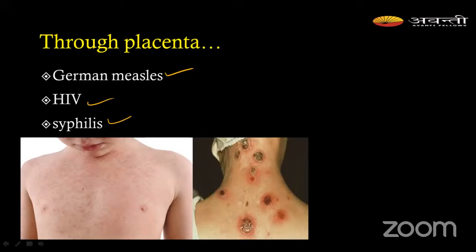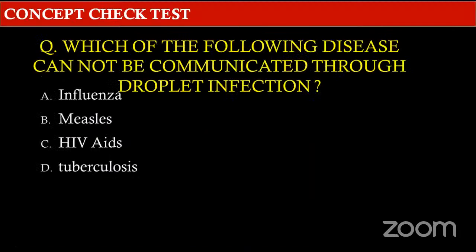So remember these things. Let us come to this question: which one of the following diseases cannot be communicated through droplet infection? Can anyone answer this question, students? Very easy question. Now only we studied this, right? Welcome to the class. Option A is influenza.